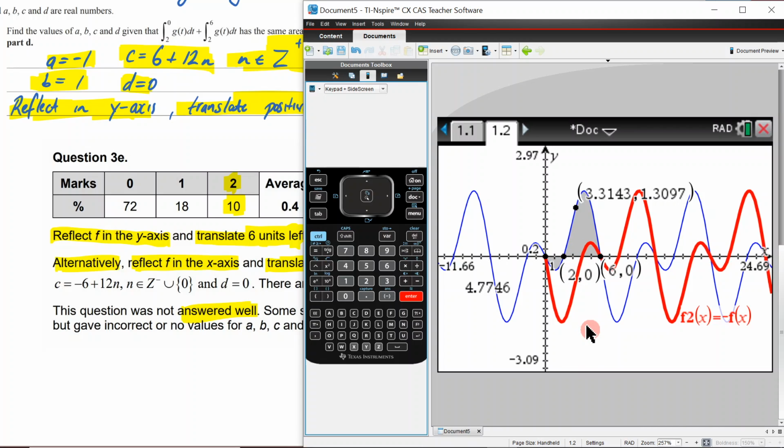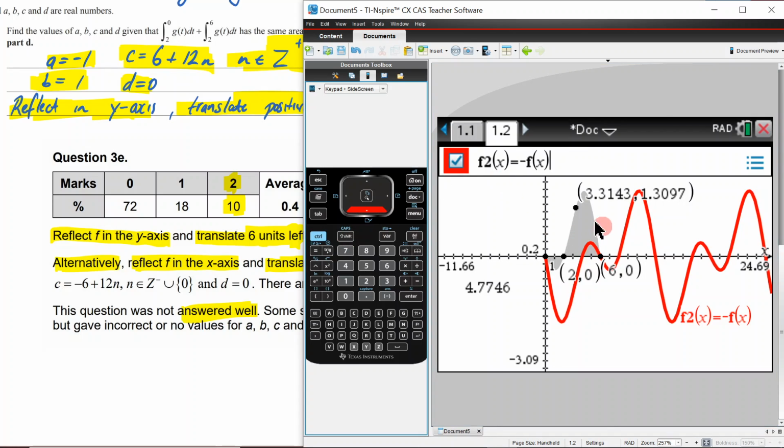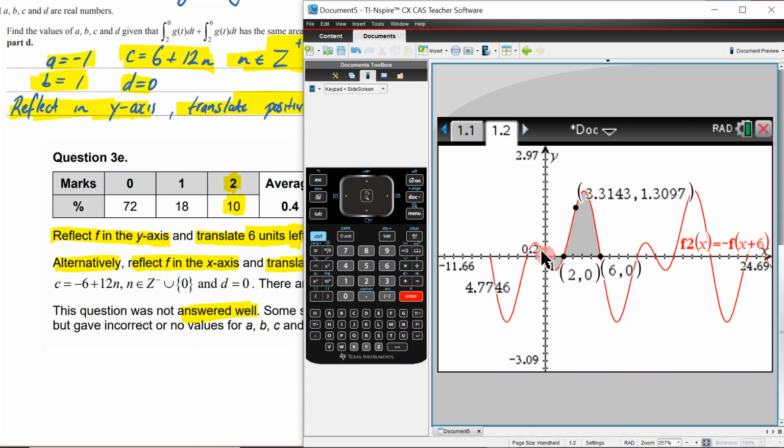And now I'm going to have to shift it to the left by 6 units. Let's go tab again, come back to this one right here, and let me just untick this one for the time being. Oh, look, that stays. That's amazing. If I shift it to the left, that means I'm going to plus 6 here, which is going to bring it there. And as you can see, that time it's going to work. So it's the same area right there.